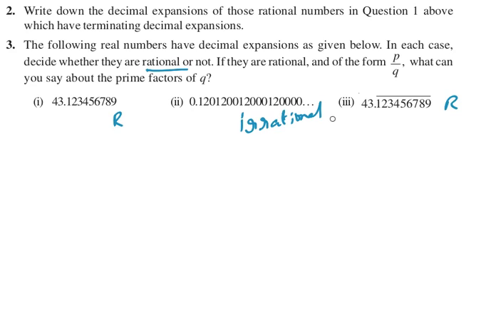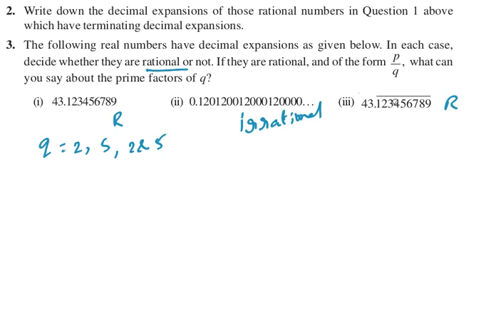So these two are rational numbers, isn't it? In these two rational numbers, what about q, the denominator? It is terminating. So definitely this q is of the form having the product of 2 or 5, or 2 and 5, as the factors of q.